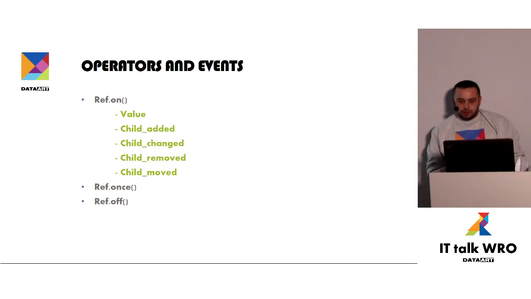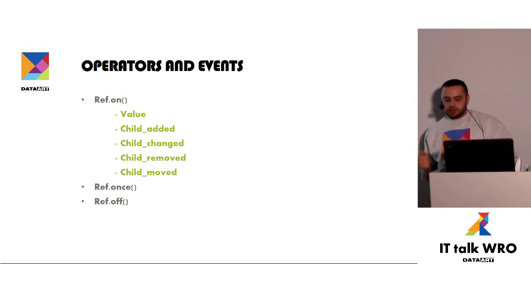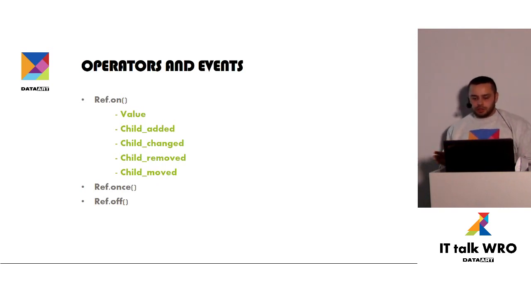I told you before that there are listeners attached to our data. We have three methods on our reference. On attaches listeners. Value is a kind of universal listener which tracks everything going on, every change with our data.